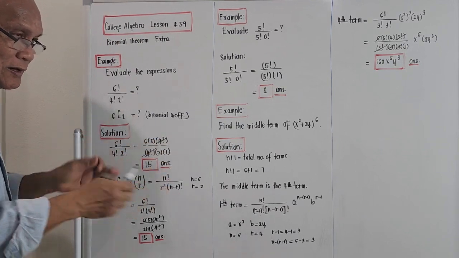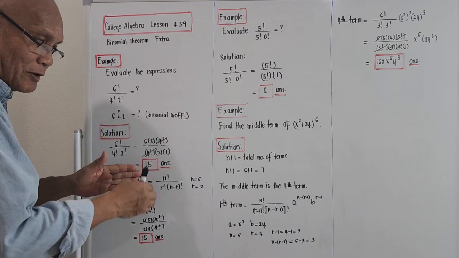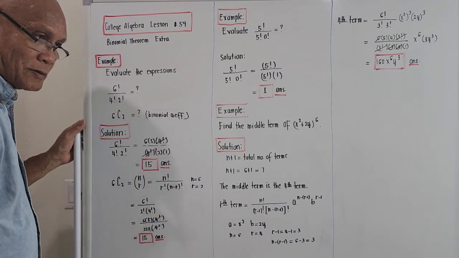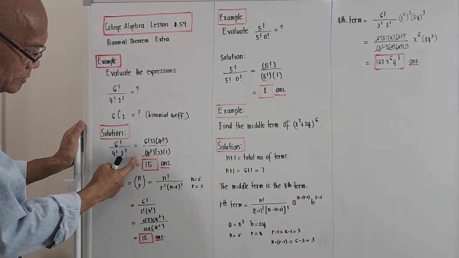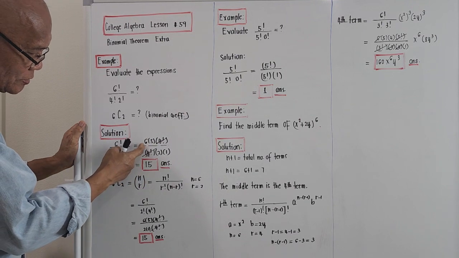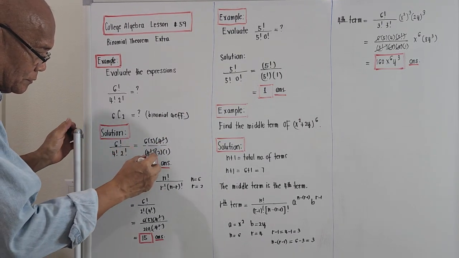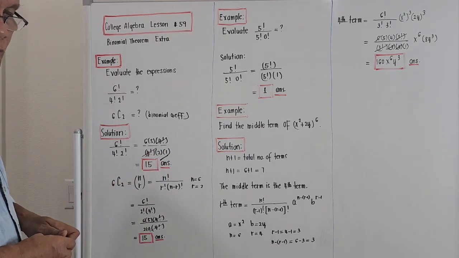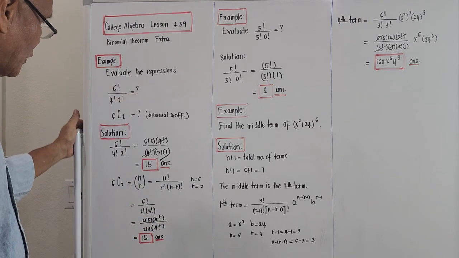We can cancel because the operations on the numerator and denominator are all multiplications. What comes out will be 6 times 5 all over 2. The answer will be 15. That's the final answer for expression number 1.